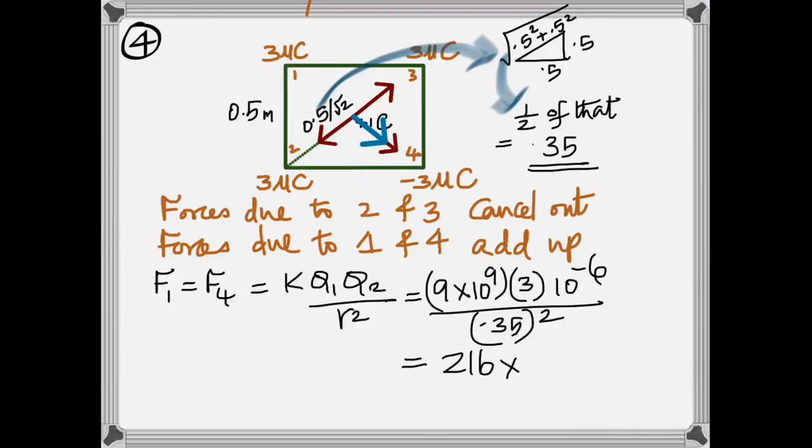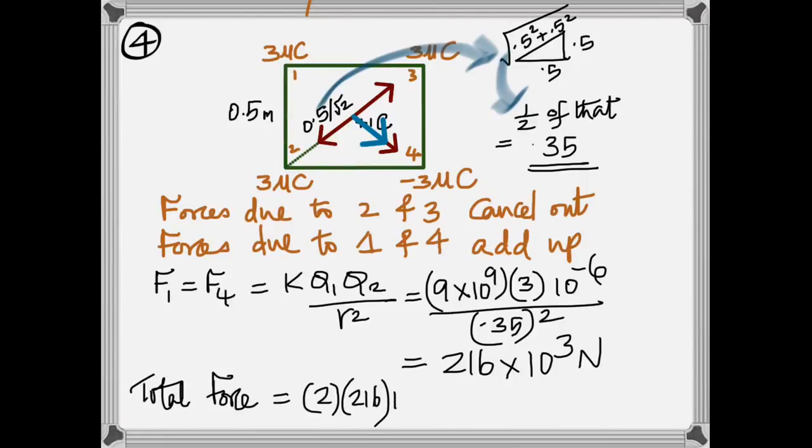Okay, so now that I've corrected it, it's 0.35. Alright. And you get this force as 216, so you got to double it. And you get the answer as 432 times 10 to the 3 newtons.